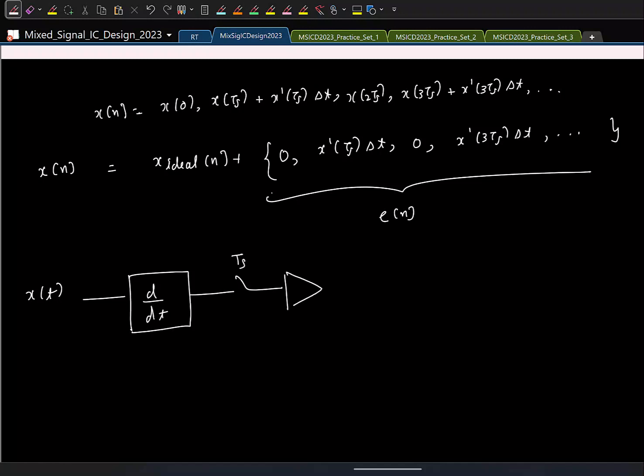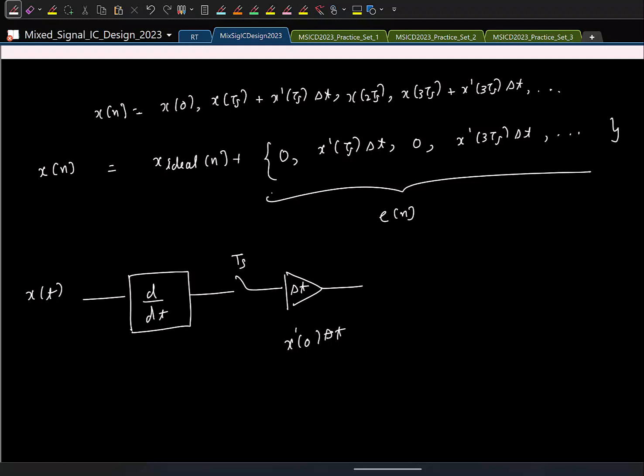I'll scale by delta t. That gives me this. But remember that I'm not adding this error for all samples, only alternating ones. So what can I do to model that? Remember, this is going to give me x dash of 0 times delta t also. I don't want that.